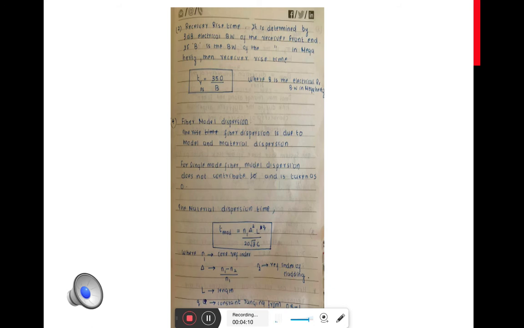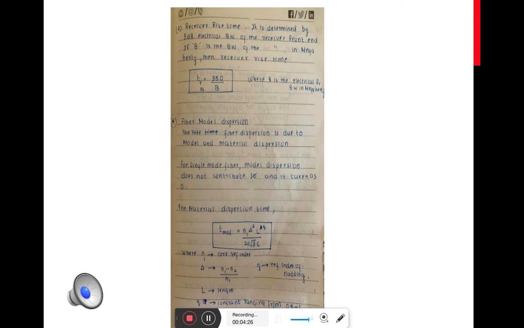Now the next factor is the modal dispersion. We've already learned about the different types of dispersion in your first modules. As we all know, modal dispersion is absent in single mode fibers, but it can be taken into account for multi-mode fibers.